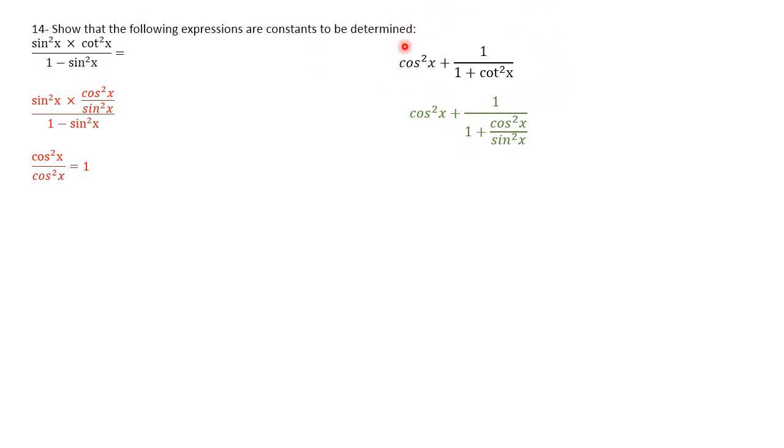You do common denominator. Okay, so the common denominator will be sine squared, so 1 is replaced by sine squared over sine squared. And now what do I have? Sine squared plus cosine squared, which is 1, over sine squared. And now we do far near, so we get cosine squared plus sine squared, which is 1, and that's the constant to be determined.